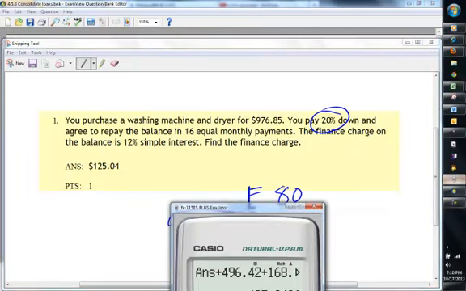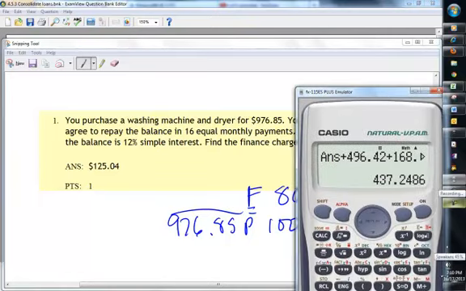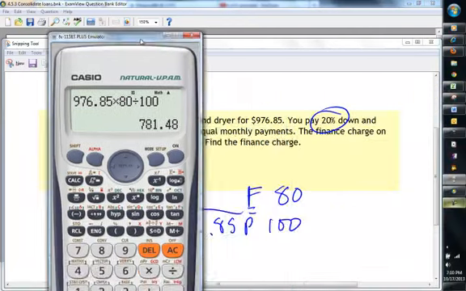Multiply and divide here. We will take the 976.85 times 80 and then divide by 100 and get $781.48.